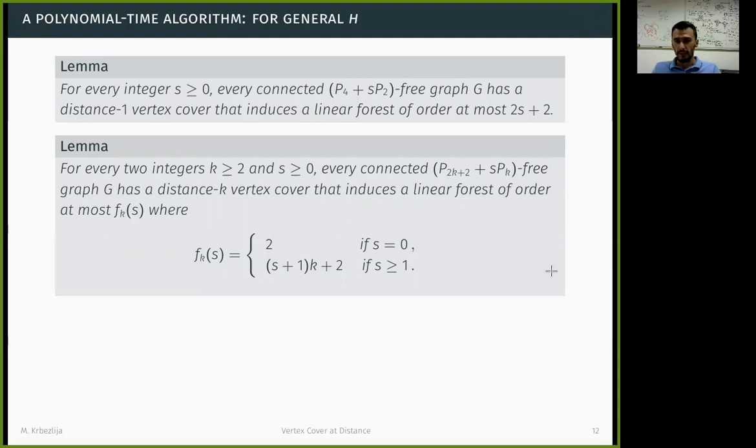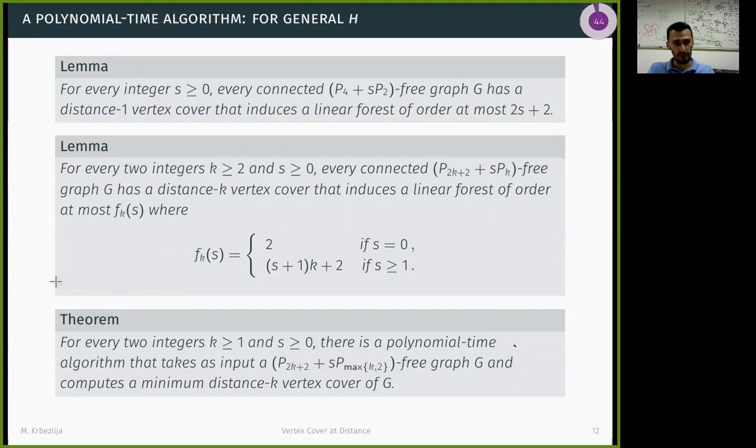Those two lemmas combined tell us that if G is as defined here, G will have a distance k vertex cover of bounded size. That means the minimum distance k vertex cover will also be of bounded size.